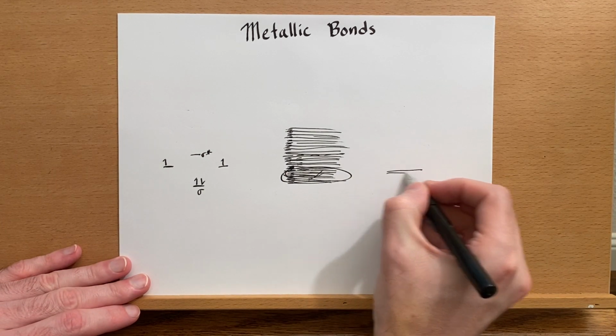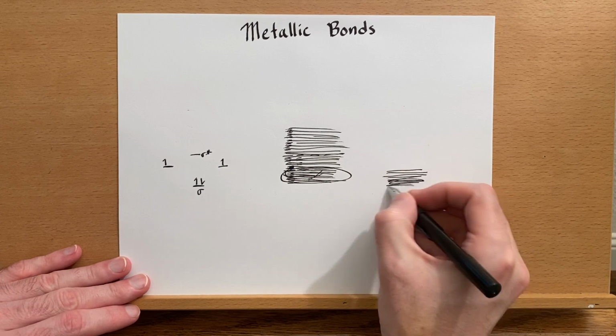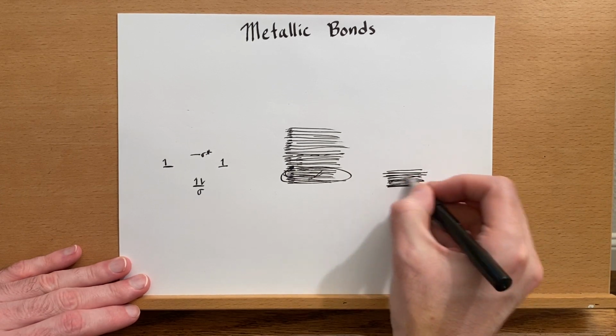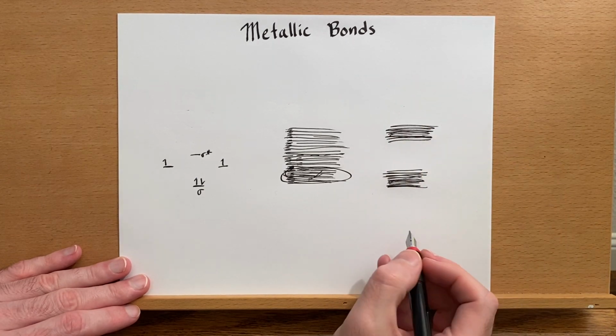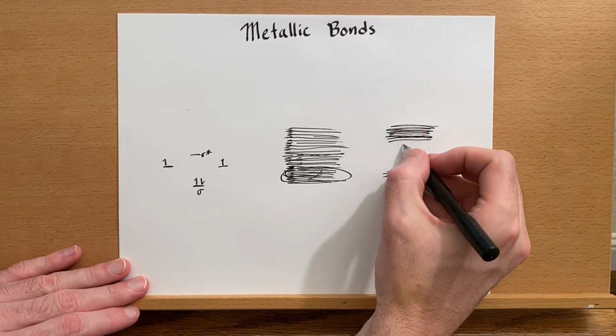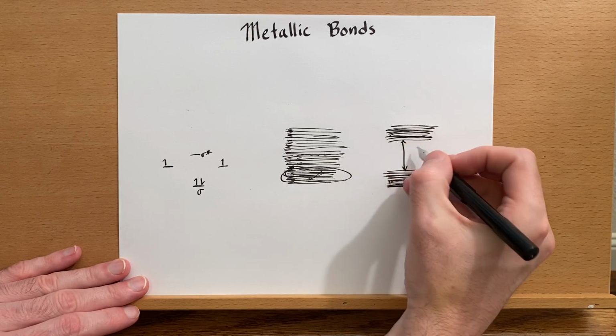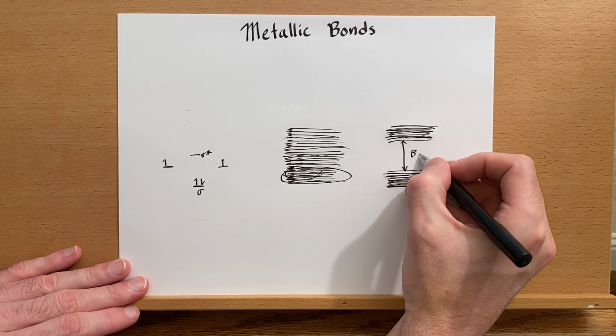Semiconductors only sometimes conduct electricity. So we have our valence band here, and then up there is the conduction band, and there's this gap in between. We call it the band gap.